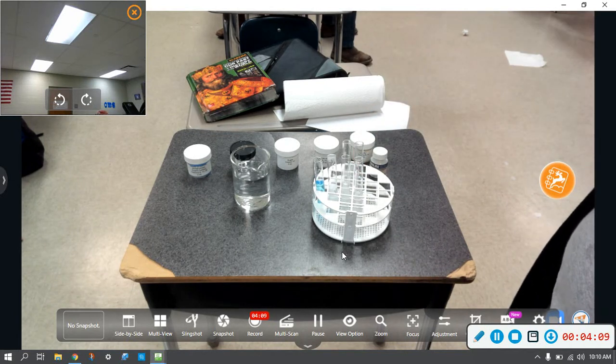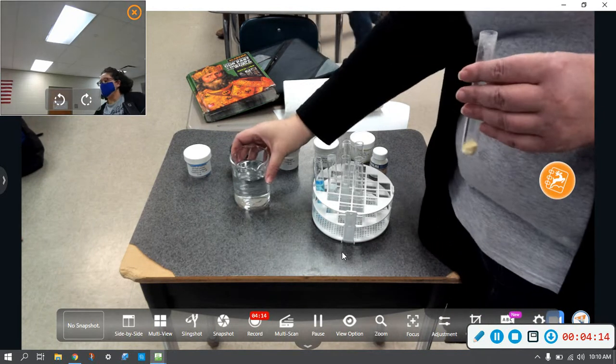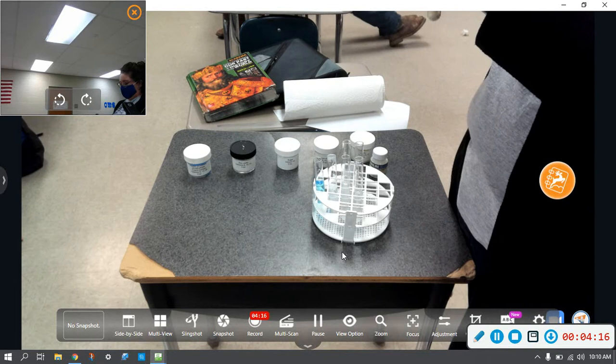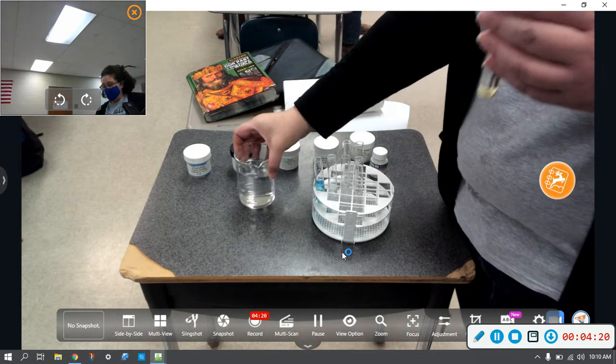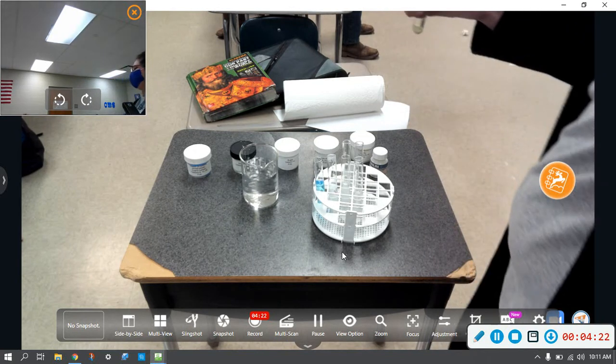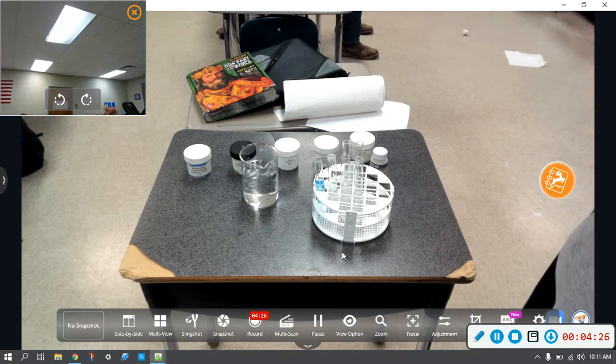Now, sulfur. What do y'all think will happen when I add water to sulfur? You think it'll dissolve? No. Why do you think it won't dissolve? Because the other ones did. Okay.